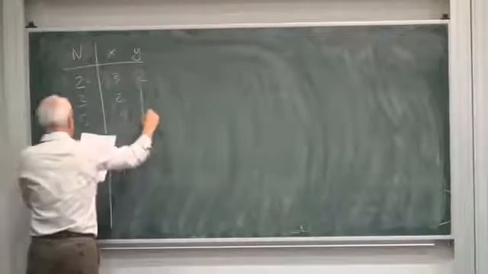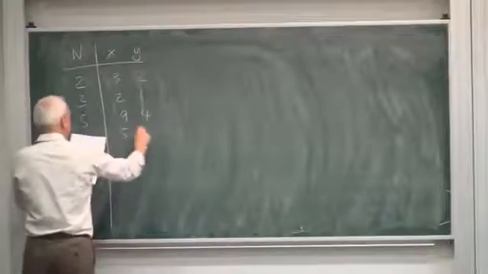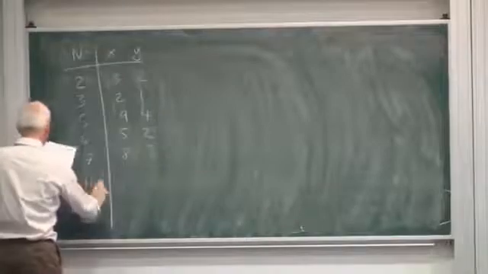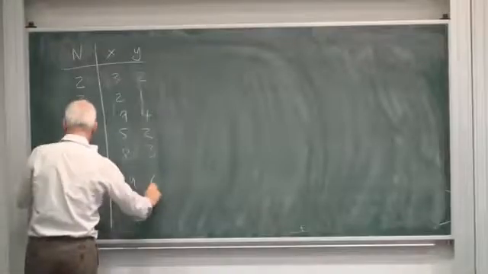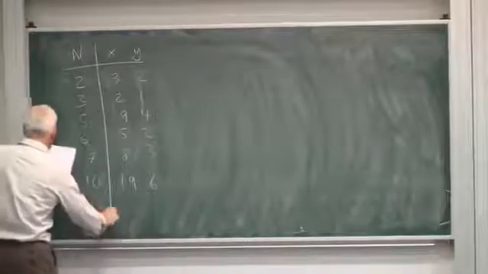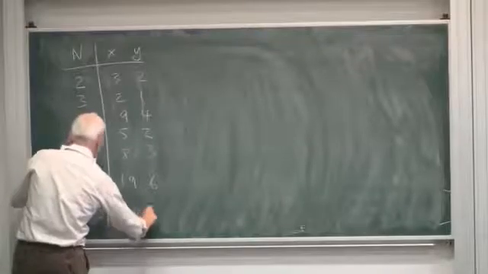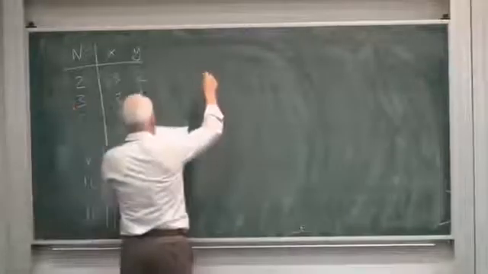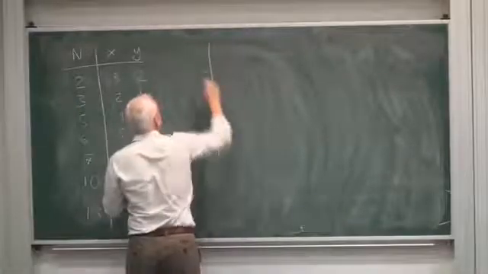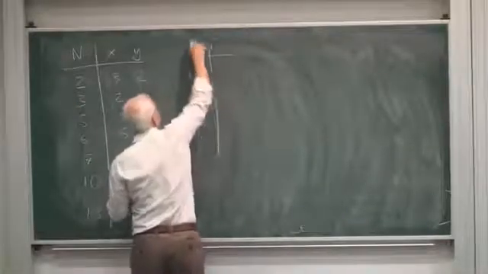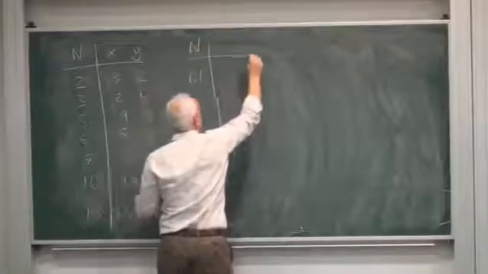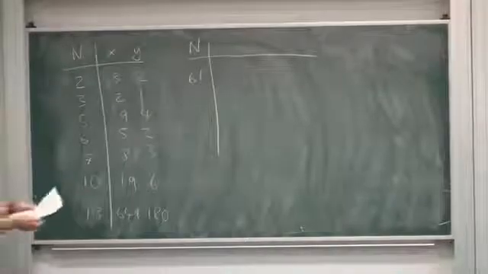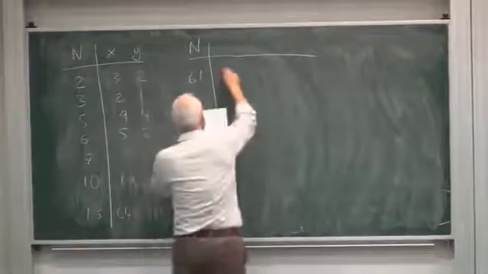For 5, we get 9 and 4. For 6, 5 and 2. For 7, 8 and 3. A little further on, 10 gives 19 and 6. And 13 gives 649 and 180. And of course it keeps going. Eventually we get to 61, and 61 is an interesting value, because the smallest solution to Pell's equation is these numbers.